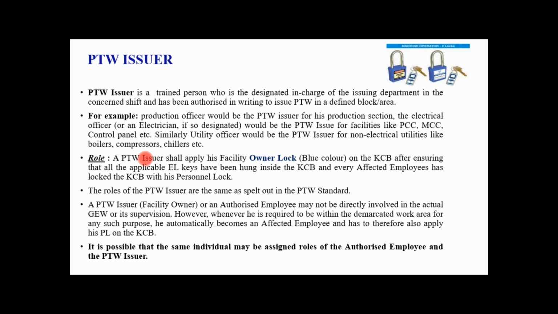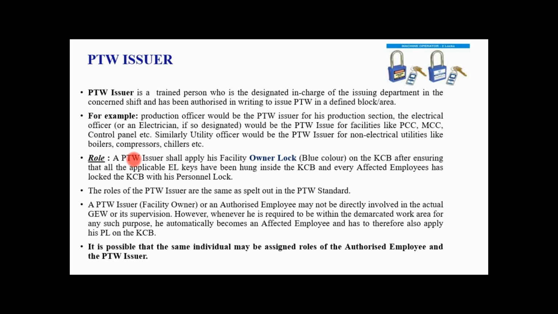Then the role of this permit to work issuer is to apply the facility owner lock in blue color. This image clearly shows that blue color lock. This blue lock clearly indicates that it is applied by the permit to work issuer, whether that may be for electrical purpose, utility purpose, or other purposes.